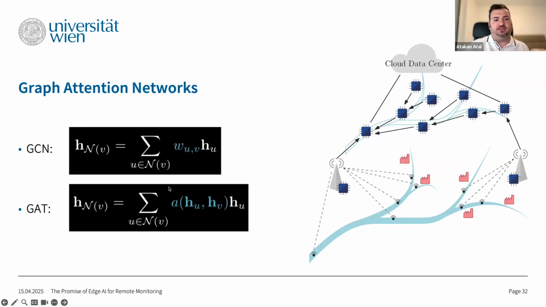The only difference is we also learn what is called an attention mechanism that assigns a different importance to each neighbor in the graph, so that the model can focus more on relevant connections. And in the case of convolutional networks, it is only the weight of the node, for example, the number of connections that node has. In our case, this part is also learnable.